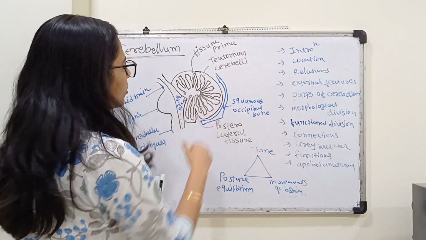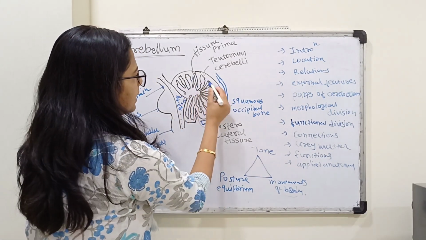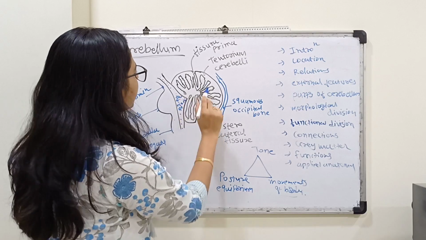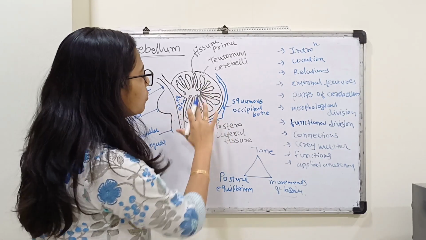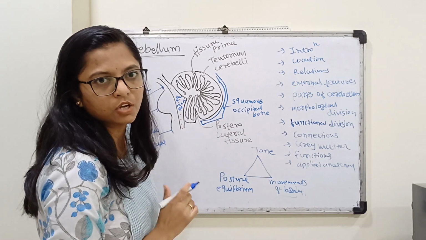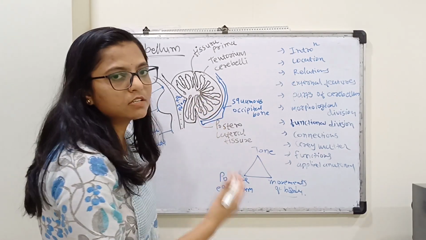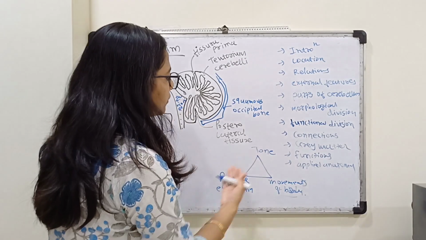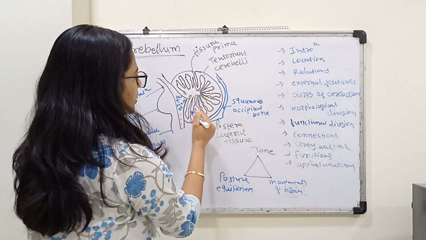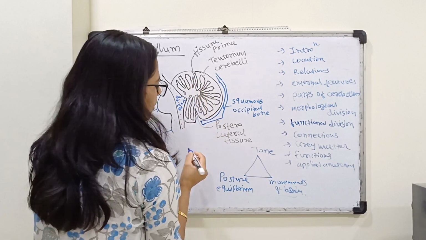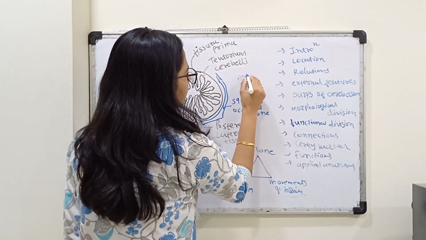The gray matter of the cerebellum is highly folded. You can see here the gray matter of the cerebellum is highly folded. Why? Because it accommodates millions of neurons for the very important functions in our body. This type of structure is known as the arbor vitae.